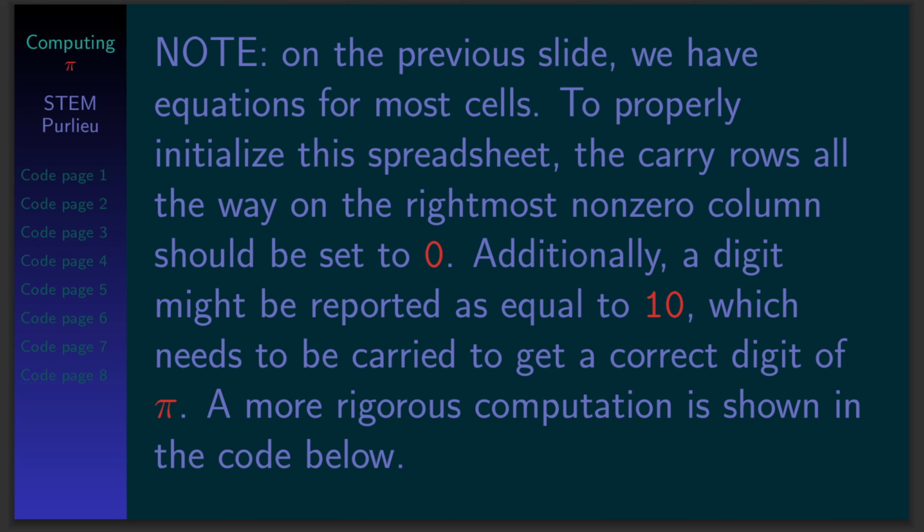Additionally, we have to be careful about running into digits which are more than 10. The only valid digits in a decimal number are 0 through 9. If the digit is computed as 10, then we have to carry that 1. There's a more rigorous computation shown with the code that follows.